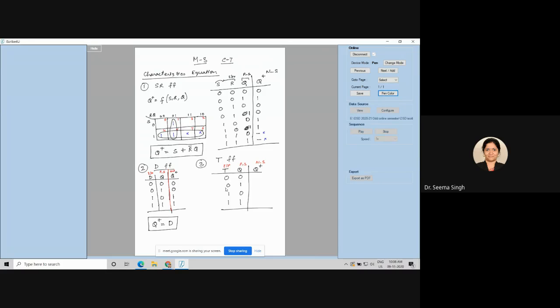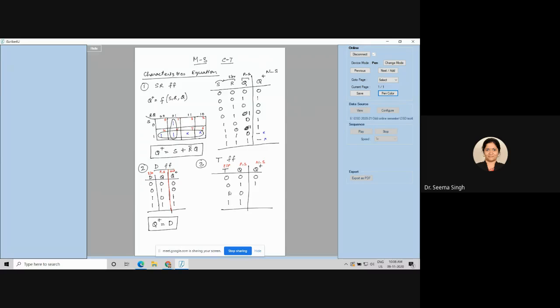If toggle input is 0, it will behave as memory state. If toggle input is 0, it behaves as memory state. So next state becomes equal to present state. So it will simply copy the present state to the next state. If toggle input is 0, memory makes present state equal to next state.